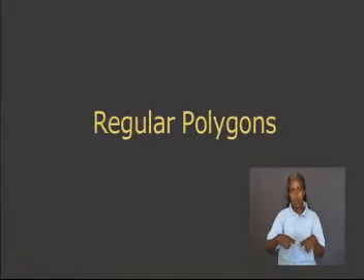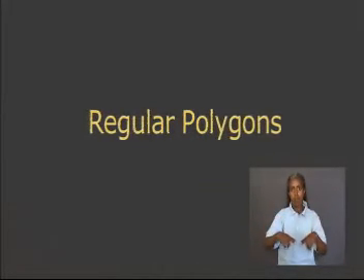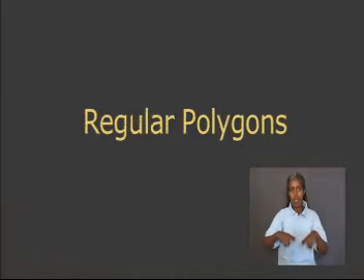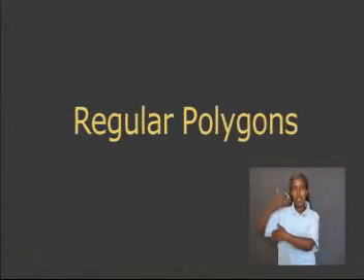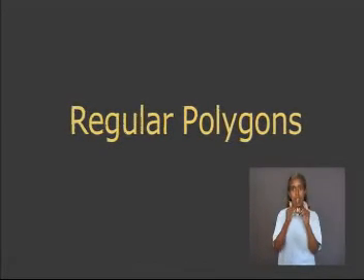Let us take a look at a specific kind of polygon, a regular polygon. A regular polygon is a polygon in which the lengths of all of its sides are equal, and the measures of all of its angles are equal.